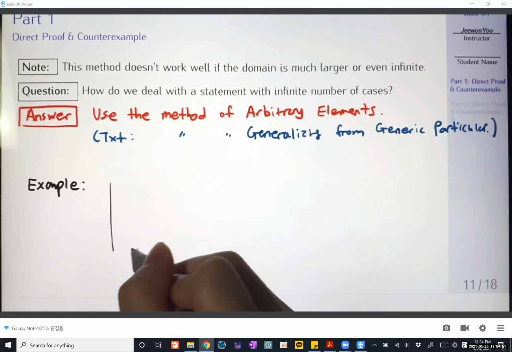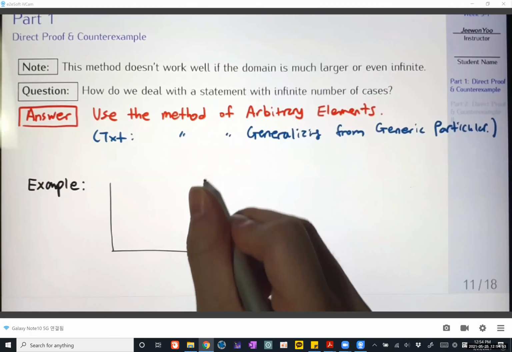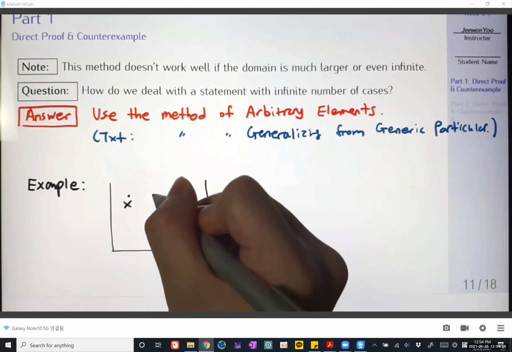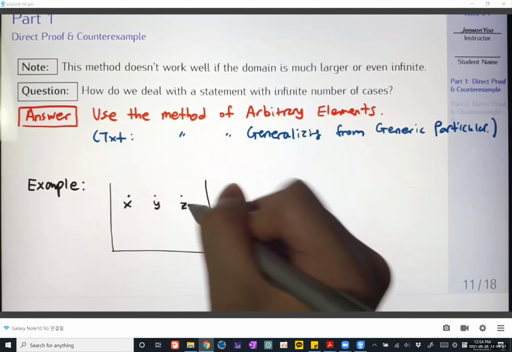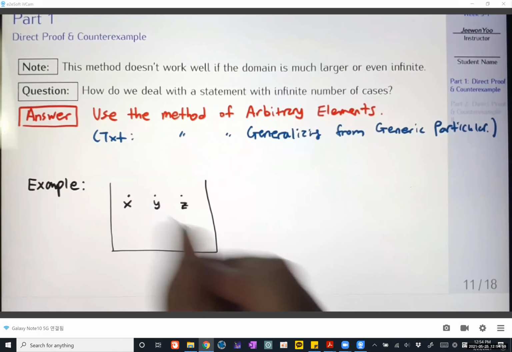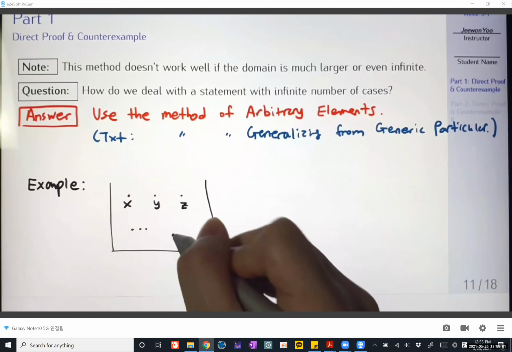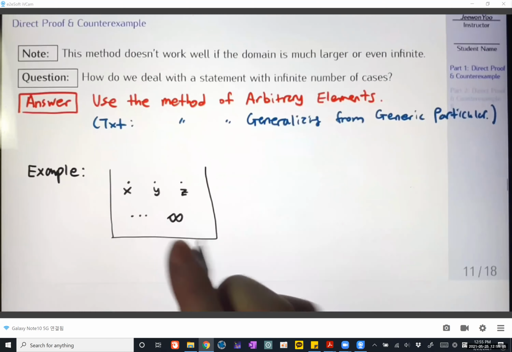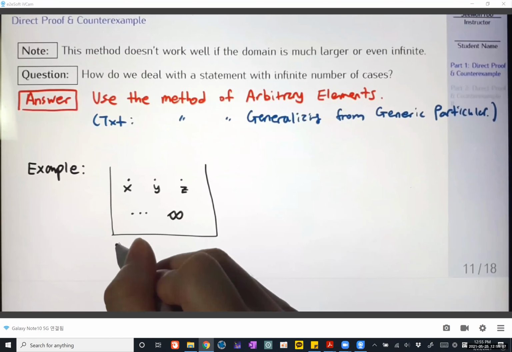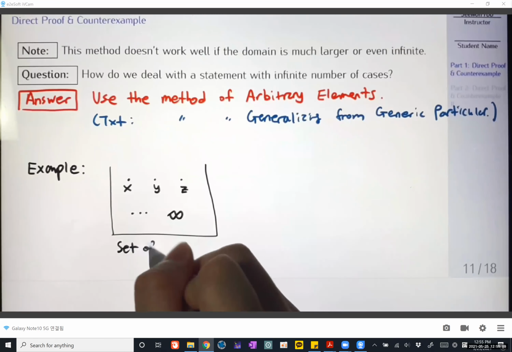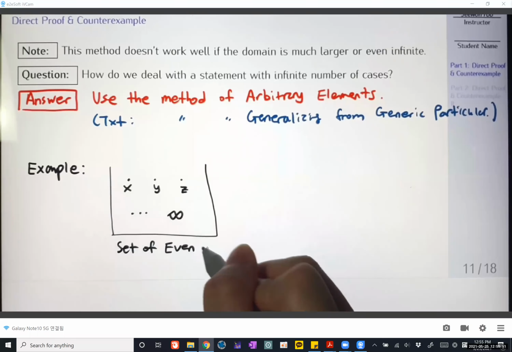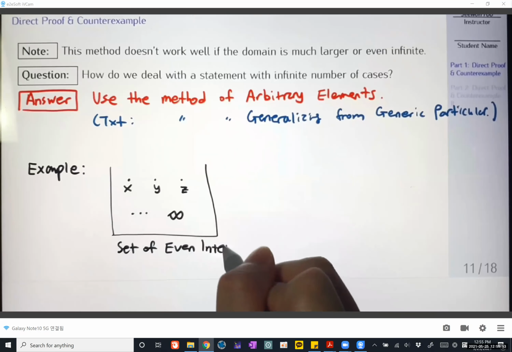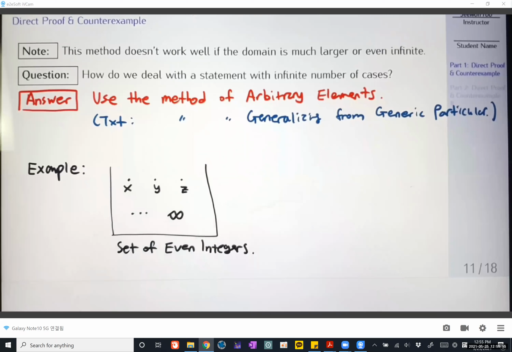Suppose I have X, Y, Z. There are so many elements in the domain, and dot dot dot. There are infinitely many elements, and let's call this set the set of even integers. I'm just making it up. This is a set of even integers, everyone.